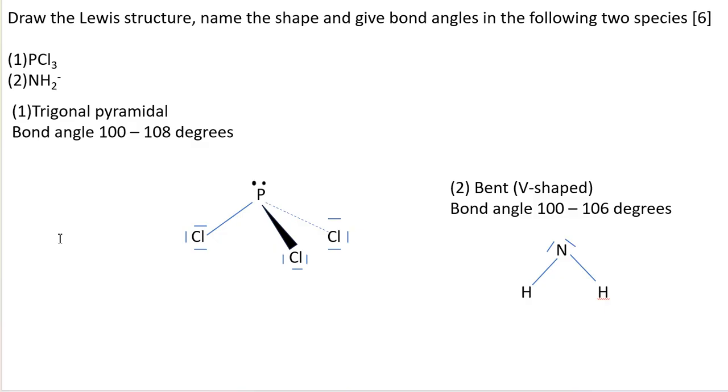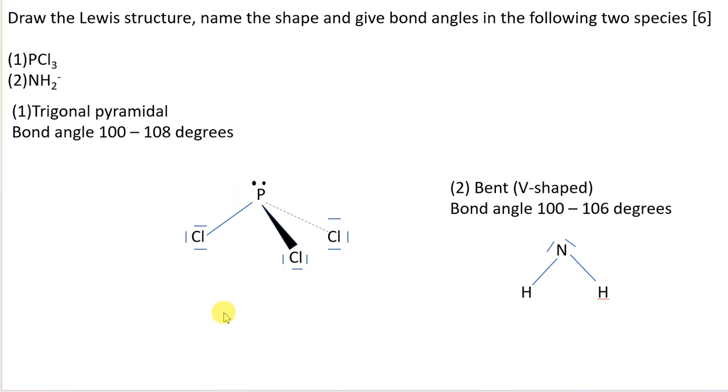Look for it in the periodic table if you need to. Group 15, 5 electrons in the outside shell. 3 of those electrons are involved in making single bonds to the 3 chlorine atoms. 2 left over, I've got a non-bonded pair.